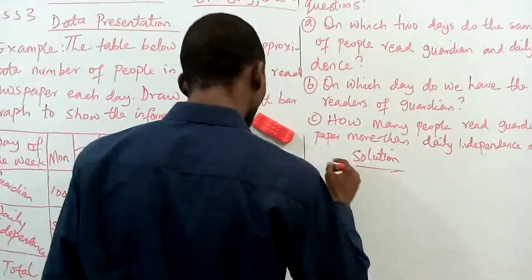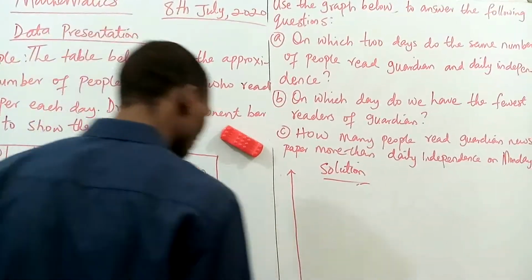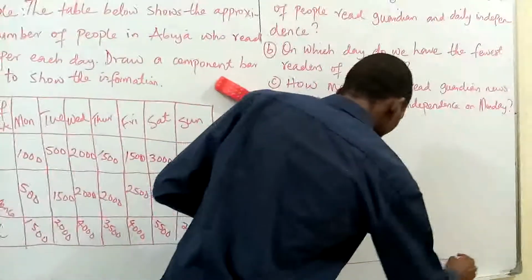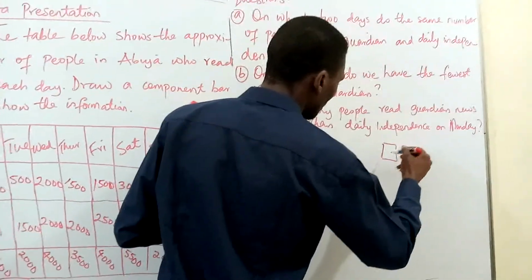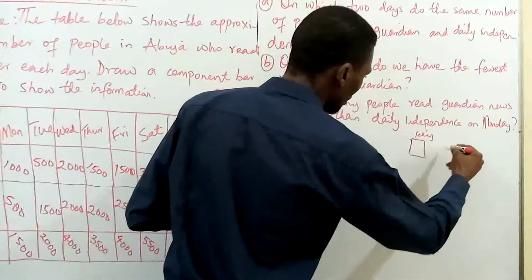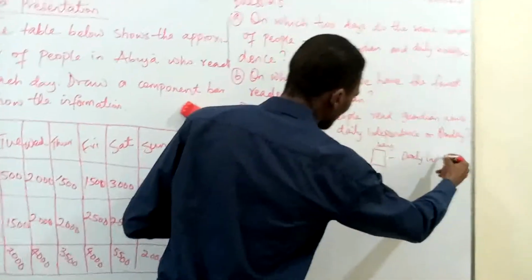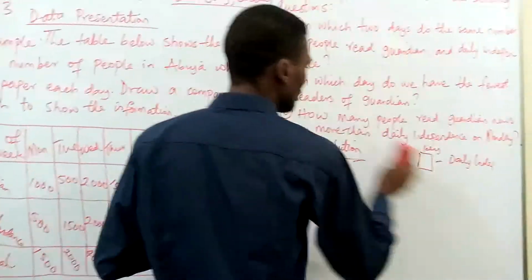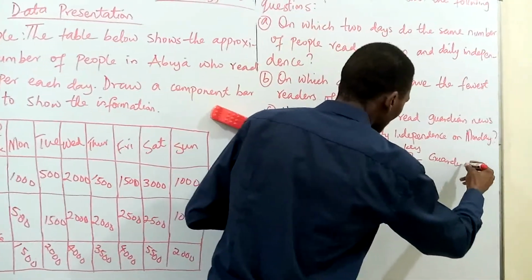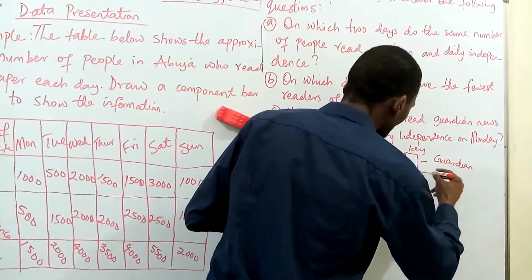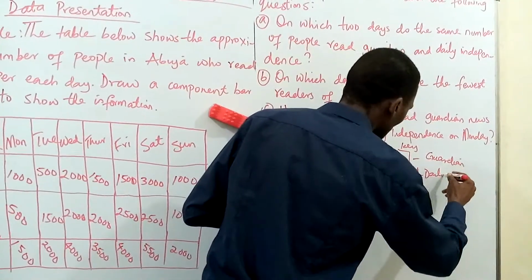Here we have our keys. We now represent two keys. This one, the unshaded, you can use to represent Guardian newspaper, while the shaded one you can use to represent Daily Independent newspaper.